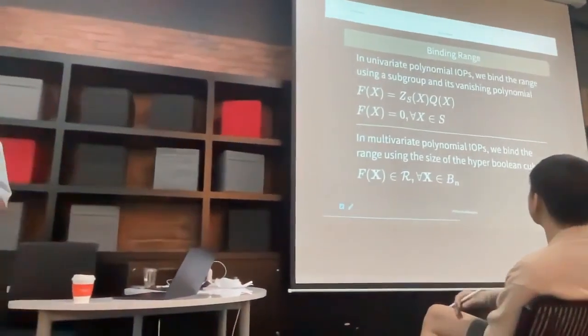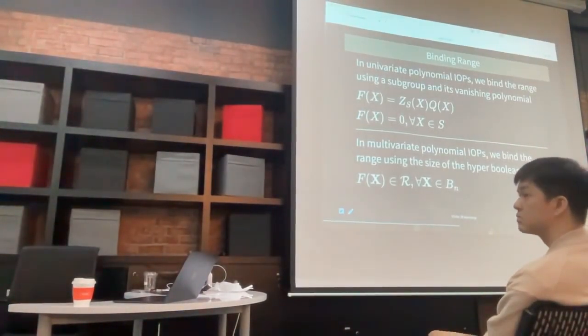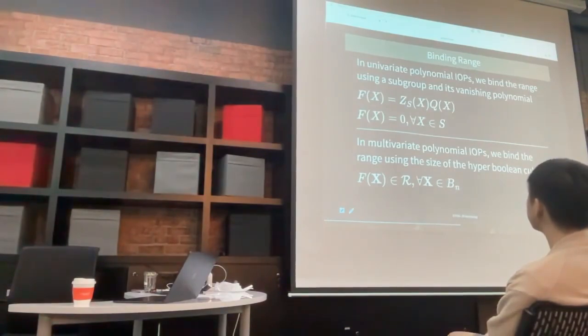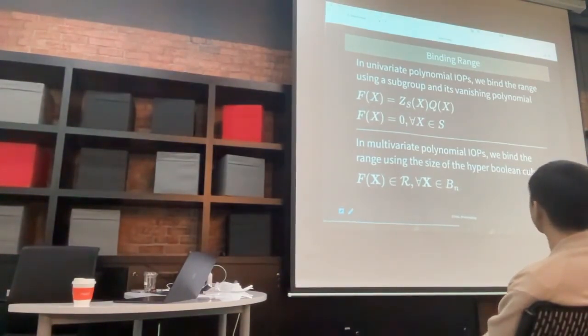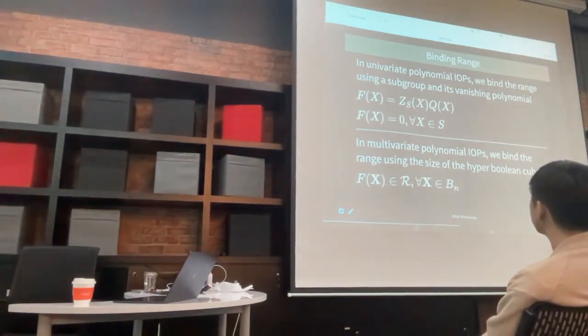Okay. Let's think about how to bind the range. In univariate polynomials, we have used the multiplicative subgroup to bind the range.